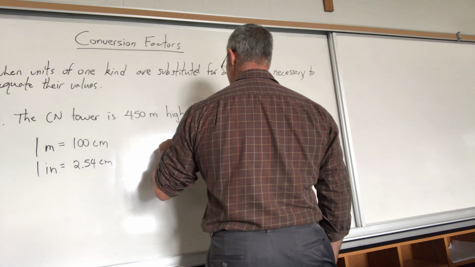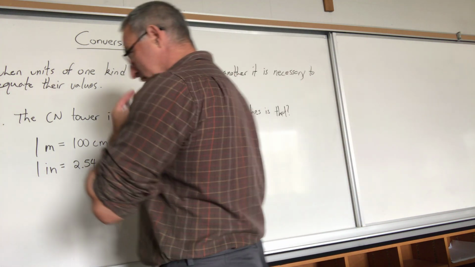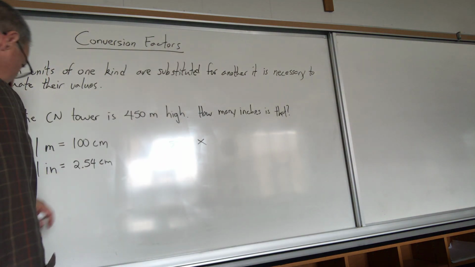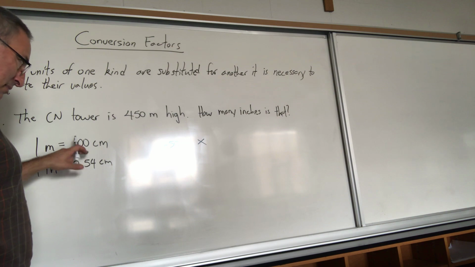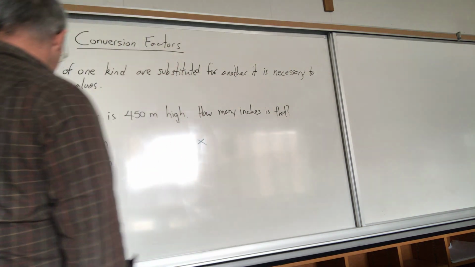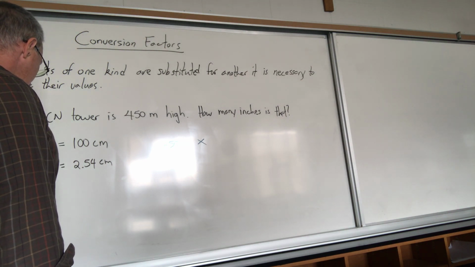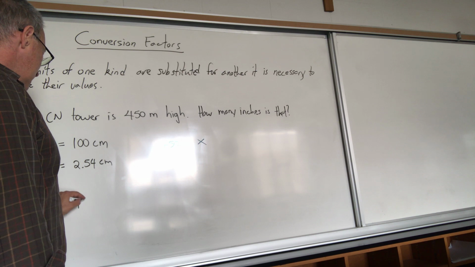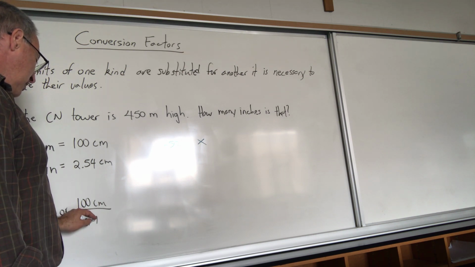You get 450 meters, and you're going to write a multiplication. You take your conversion factor that has meters in it and turn that measurement into centimeters. But you can write it two different ways. You can either write 1 meter per 100 centimeters, or you can write 100 centimeters per 1 meter. One of them you can use; the other one, if you use it, will give you the wrong answer.